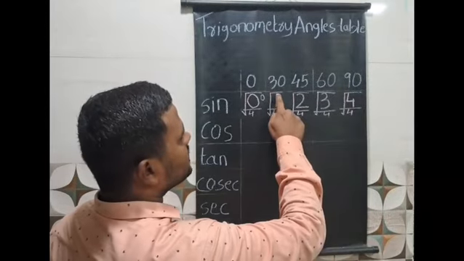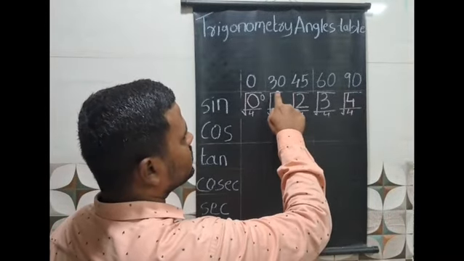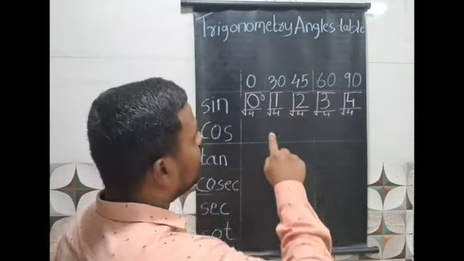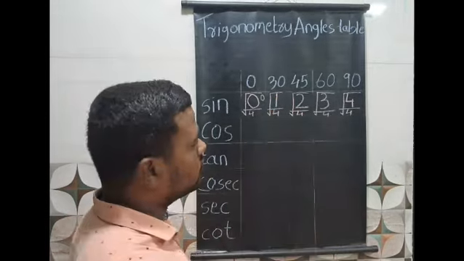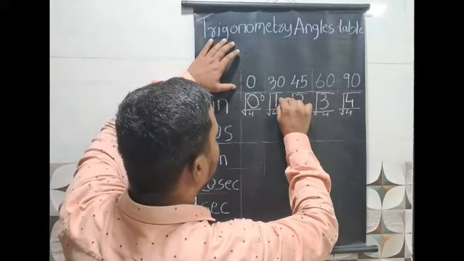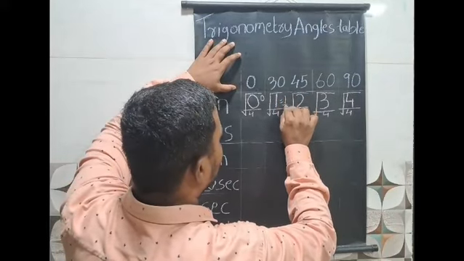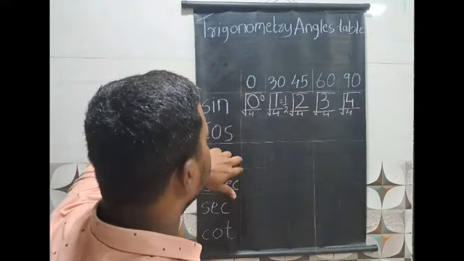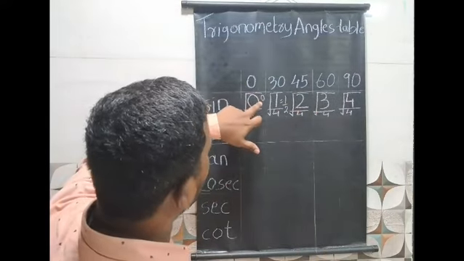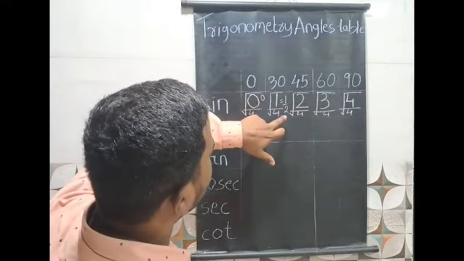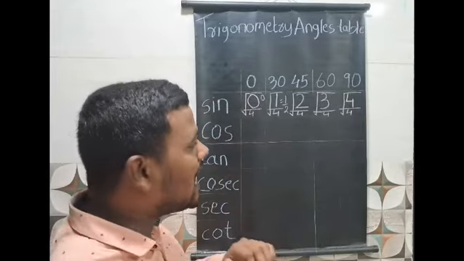Second, this is 1 divided by 4. The square root of 1 is 1 and the square root of 4 is 2, so we get 1 upon 2. So sine 0 is 0, sine 30 is 1 by 2, that is half.